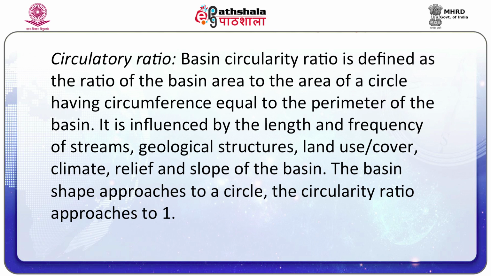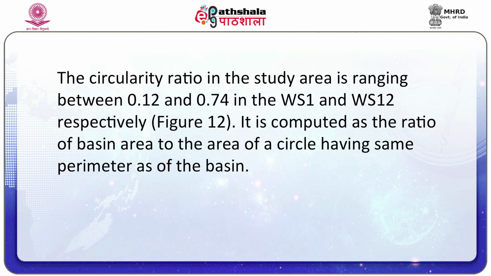As the basin shape approaches a circle, the circulatory ratio approaches 1. The circulatory ratio in the study area ranges between 0.12 and 0.74 in watersheds 1 and 12 respectively. Refer to figure number 12.